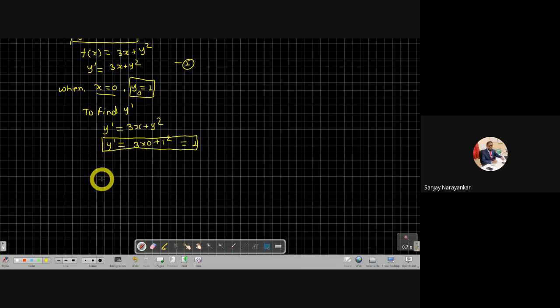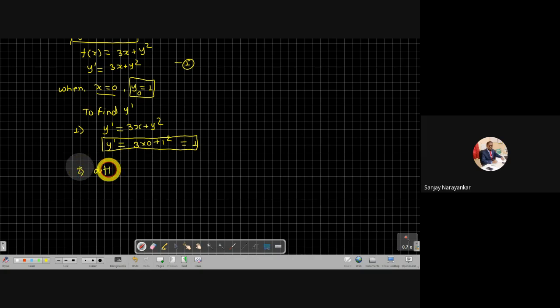After finding y dash, we have to find y double dash. So how to find this y double dash? Take the derivative of y dash, that is, the derivative of equation number 1.